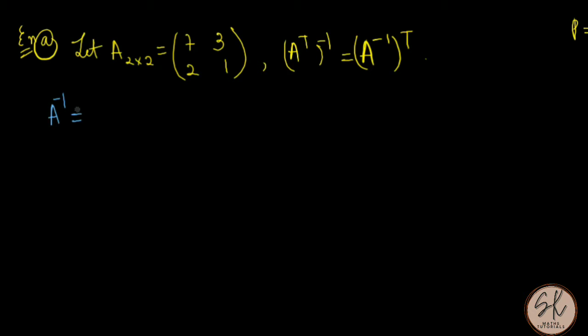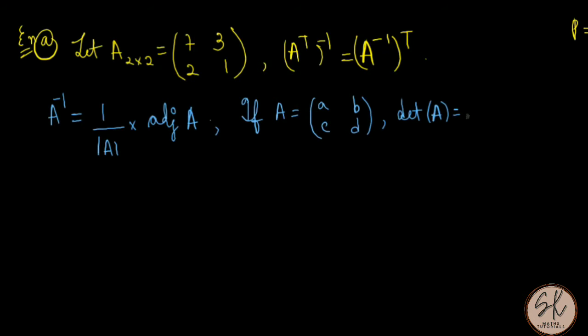The formula for A inverse is 1 by determinant of A times adjugate of A. If A is equal to a, b, c, d, then the determinant of A is equal to ad minus bc, for a 2 cross 2 matrix only.